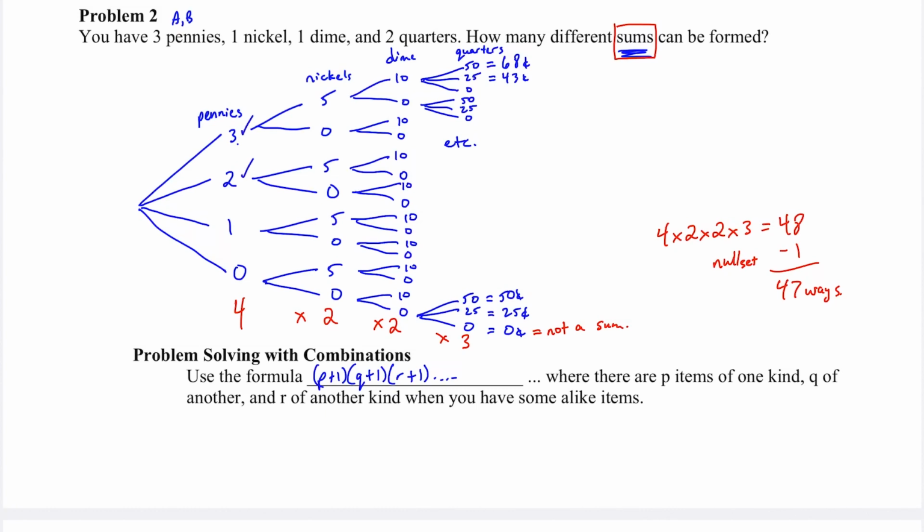Well, there are 3 pennies, so you could use all 3, you could use 2, you could use 1, but you could also include none of them. So it actually adds 1 option into your number of options for sums. Same thing with the nickels. You only had 1 nickel, but because you could not include a nickel, you have 2 options there.